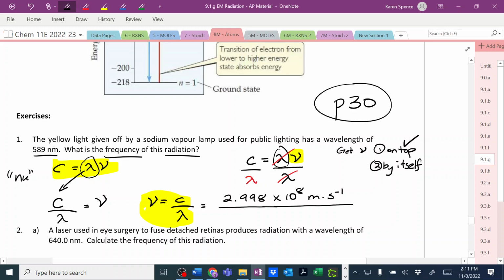The easiest way to do that is to just write 589 and then write times 10 to the negative 9 and replace the nano with times 10 to the negative 9 meters, because that way you don't have to do any fancy converting nonsense. Just replace the nano with 10 to the negative 9.